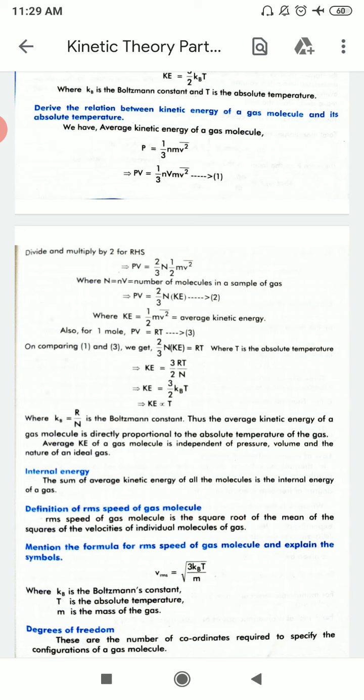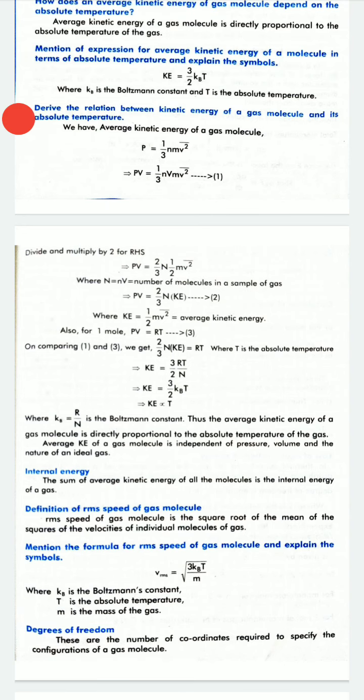Root of mean of square of velocity is known as RMS speed of the molecule. And the Vrms expression is root of 3 kBT by m. And degrees of freedom is the number of coordinates required to specify the configurations of the gas molecules.